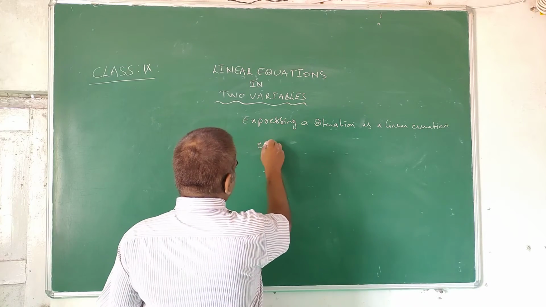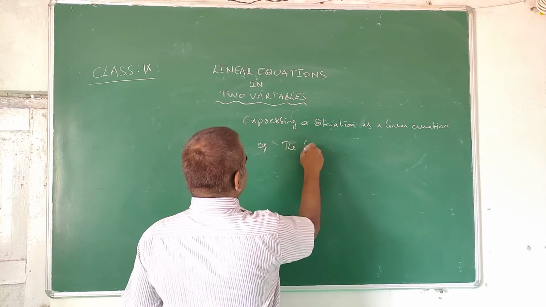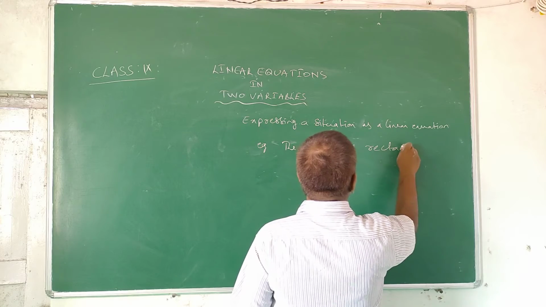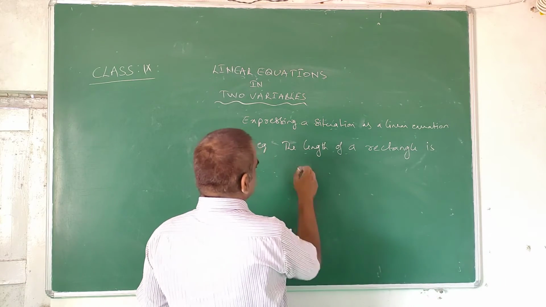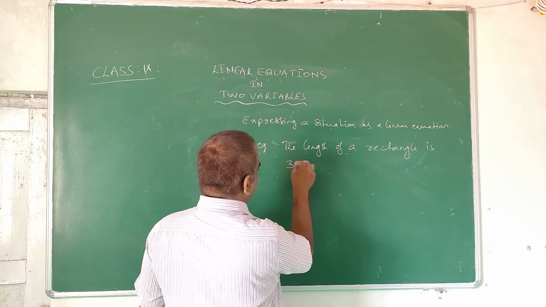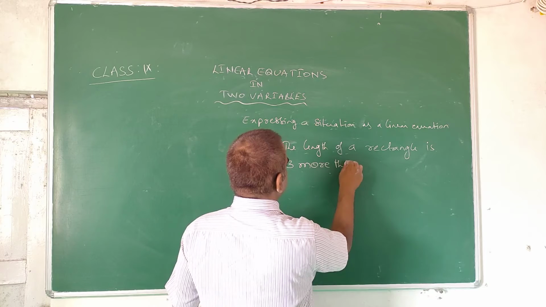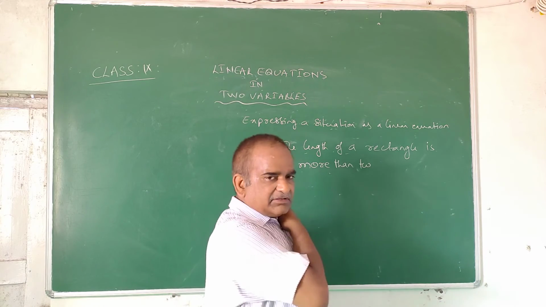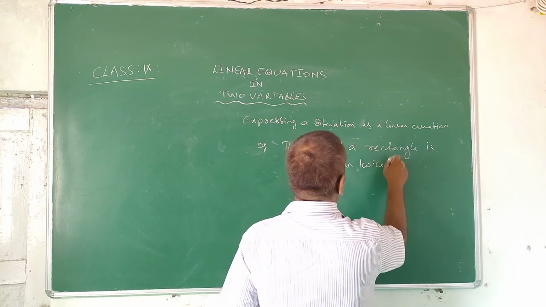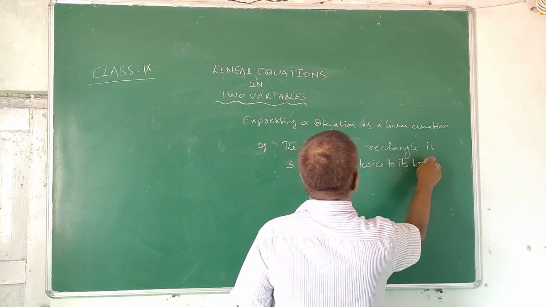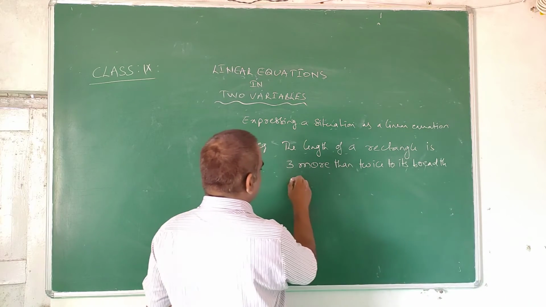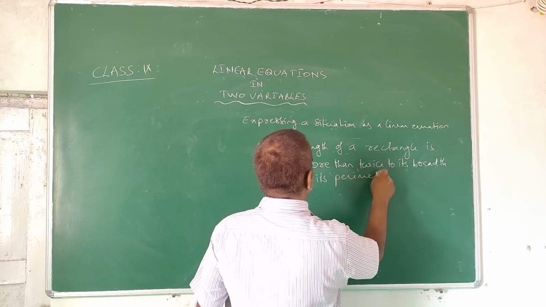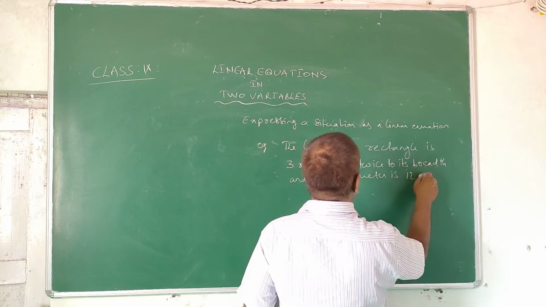See, for example, the length of a rectangle is 3 more than twice its breadth, and its perimeter is 120 centimeters.